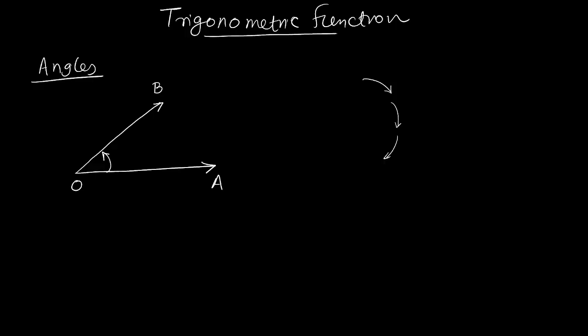So the angle obtained by rotating in the anti-clockwise direction is taken as positive angle, like plus 30 degree, plus 60 degree, etc. Angle has a sign. So this angle will be positive angle. For example, plus 30, plus 45, like that. But there is another situation.